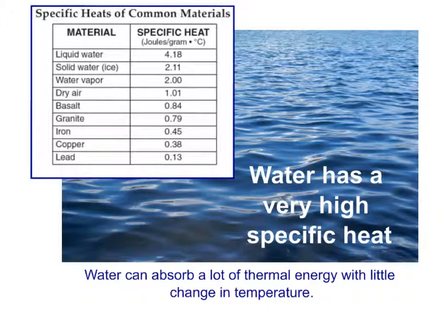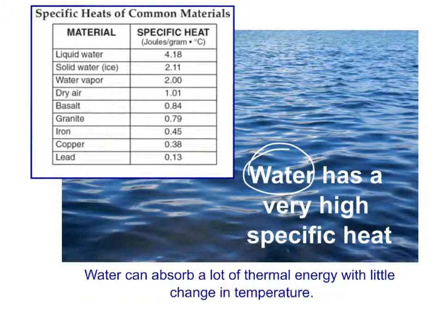One thing you must know, water, the amazing substance on Earth. Water has an incredibly high specific heat. The high specific heat of water is what allows all of us to live on this planet, or any life to live on this planet for that matter.